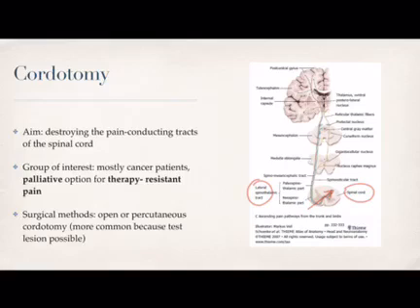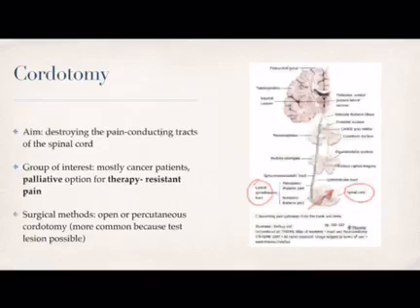And in these patients, particularly those with a progressive disease and a terminal prognosis, neurosurgical procedures can be considered, like a cordotomy. So, as we know, the spinal cord is central to the pain pathway. Spinal procedures are then a possible choice for those patients with such severe pain.